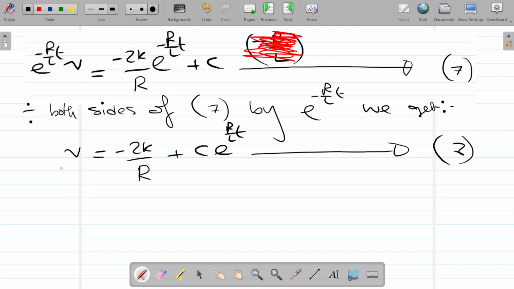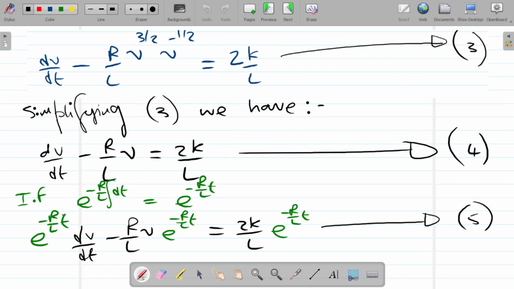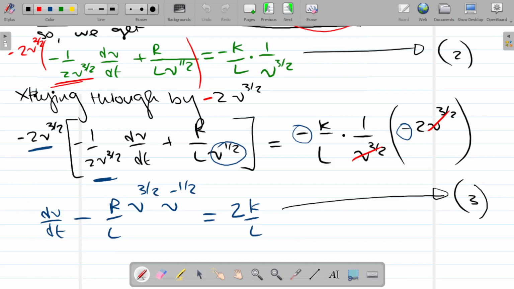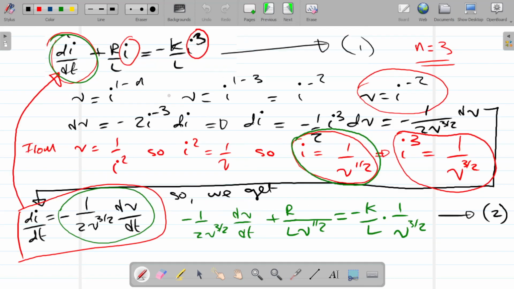We need to know what V is. Well, let's go back and find out what we substituted to bring about V. So if we go right back to here, we haven't used blue ink here, have we? So we deduced that V was equal to 1 over I squared.